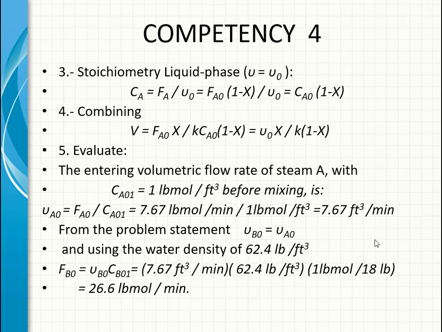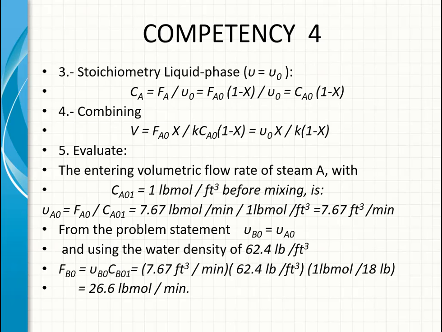And now we are going to evaluate. The entering concentration of A, CA0, is 1 mole pound per cubic feet. So if that's the concentration, then the volumetric flow rate of A, v A0, is going to be FA0 divided by the concentration CA0. This is going to be 7.67 cubic feet per minute, and the same volumetric flow rate of water enters.